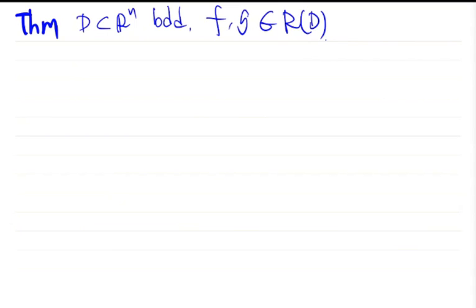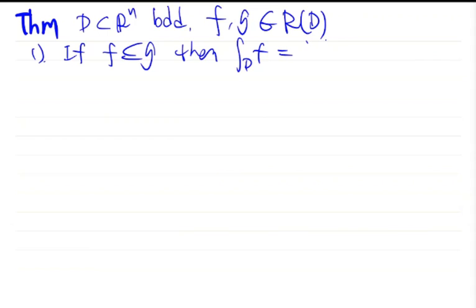Therefore, we can assume that F and G are integrable over D. Then the result is that if F is not greater than G, then the integral of F over D is also not greater than the integral of G over D.